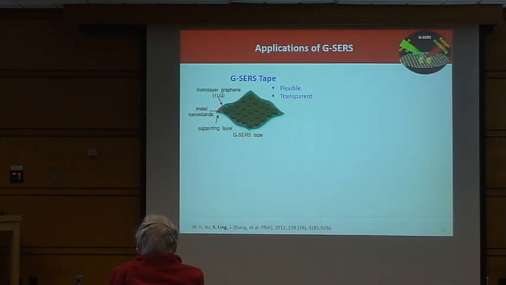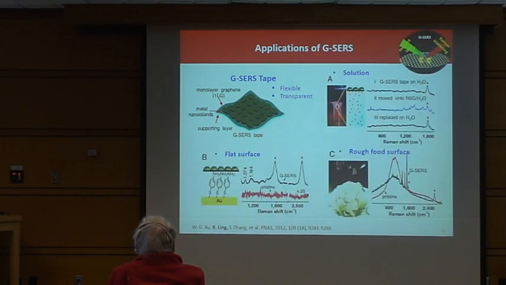If we contact the tape with any surface you want, the graphene separates the metal and your surface. Because it is also flexible and transparent, you can contact it with any kind of surface.